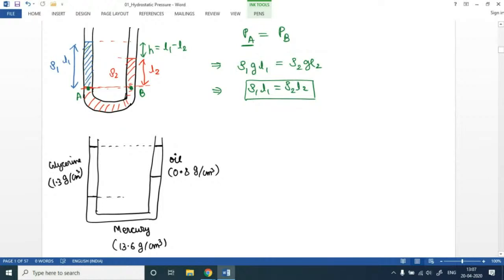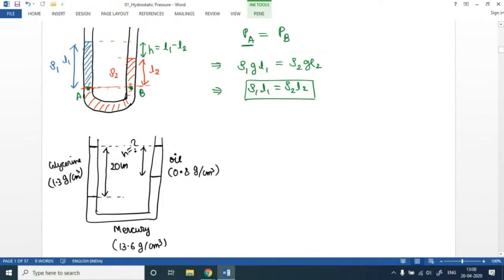The height of the glycerine column is given to us, let's say 20 centimeter, and we are interested in finding out the height of the oil column. What would be this H over here?